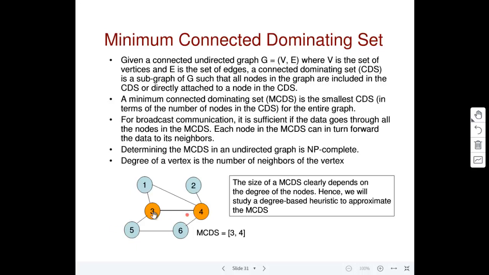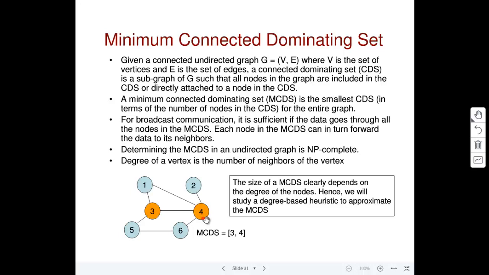But by letting only the nodes that are part of the minimum connected dominating set broadcast a message, you are optimizing the bandwidth because the sender of the broadcast will just share it to all its neighbors that are part of the current MCDS, the minimum connected dominating set.